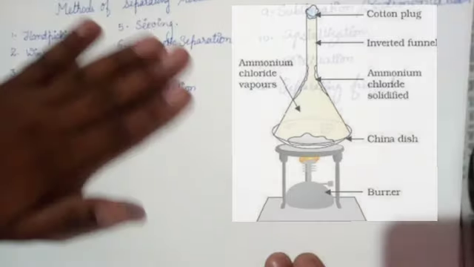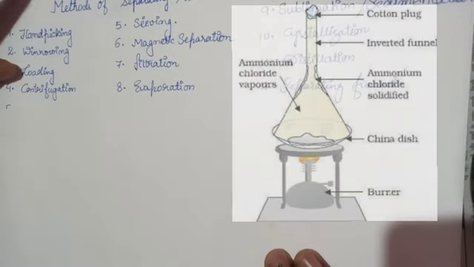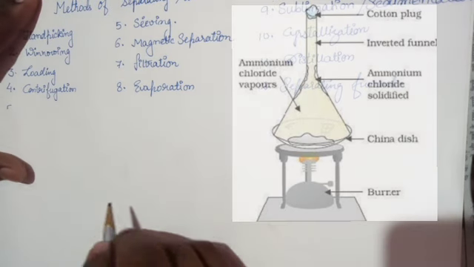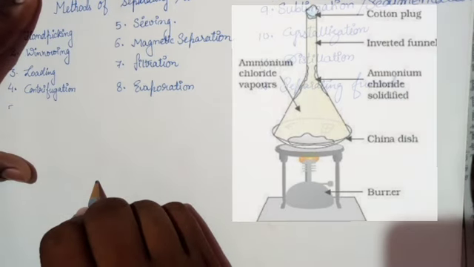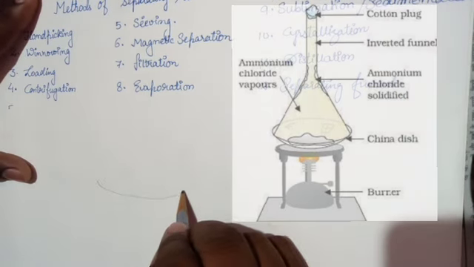Now, how can we separate a sublimable and a non-sublimable substance? Let's see. For the separation, we go with an activity.